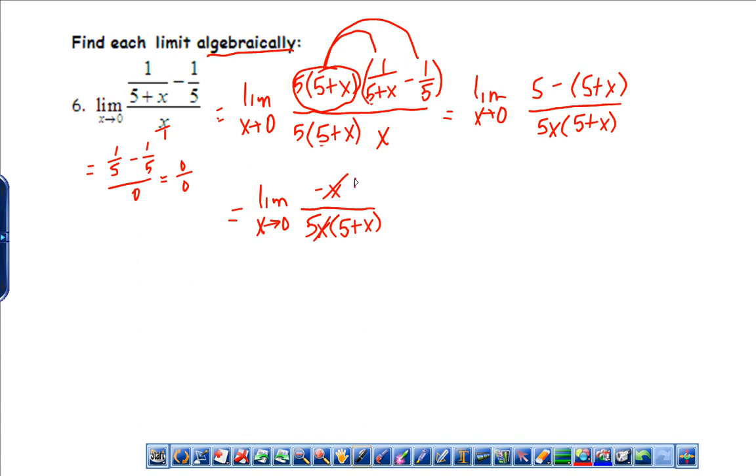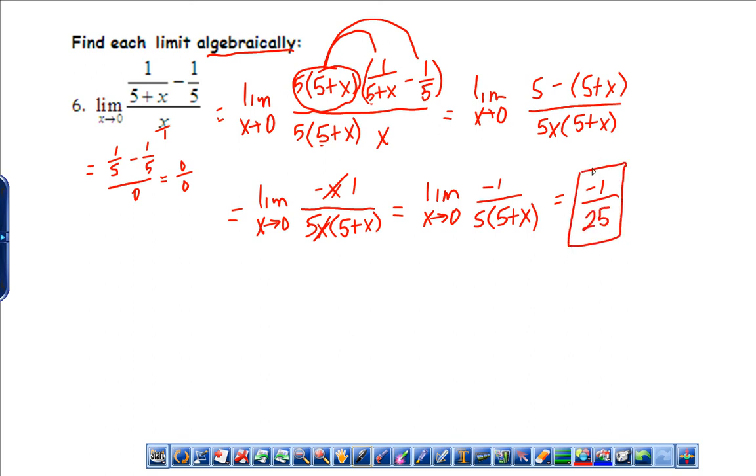So look at that. I'm going to put a 1 in its place. And I'm going to go ahead and rewrite it, although I think you could figure out what to do next without me rewriting it. But this will make it look a lot better. Alright, now, if I plug in 0, I'm going to actually get a number. I'm going to get negative 1 over 25, and that is your limit.